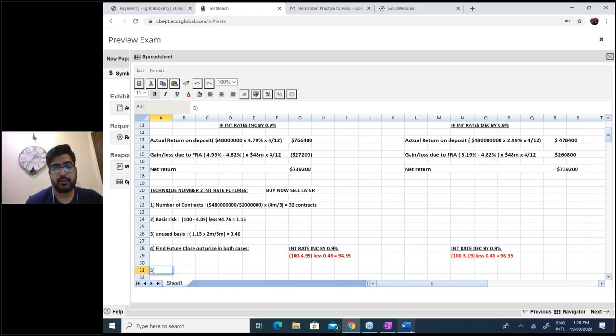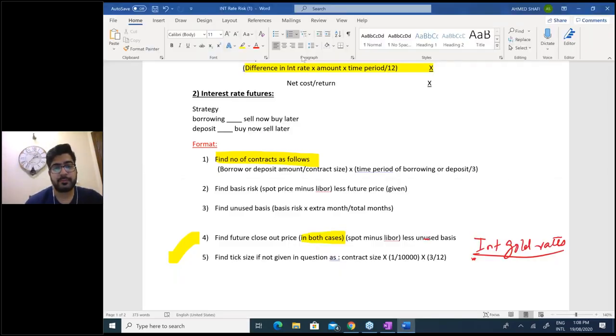I have sent this file on the group as well, where all the formulas are given. Here on screen, basis risk into extra months over total months. I have sent this sheet on the WhatsApp group as well.